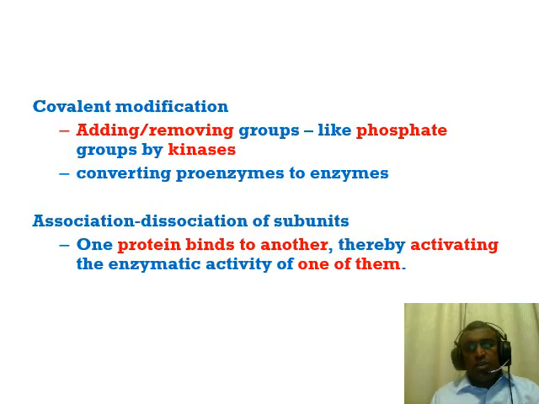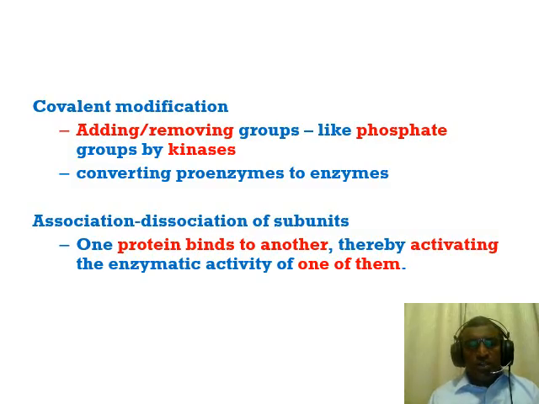Enzyme can also be controlled by a very small change or addition, and this addition or removal only uses compounds such as phosphate, which is very small compared to the entire enzyme itself, and this is done by another enzyme, that is kinases. And once the enzyme is phosphorylated, it will be either activated or deactivated depending on which enzyme we are looking at. So that's covalent modification.